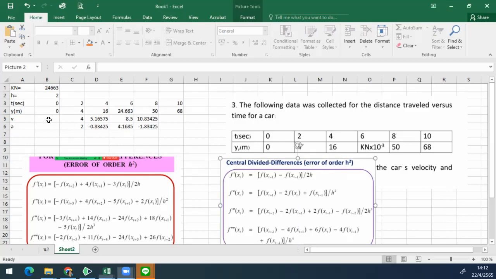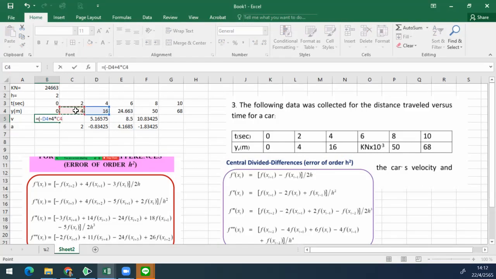So for forward difference, the first derivative is equal to minus f(x_{i+2}) plus 4 times f(x_{i+1}) minus 3 times f(x_i), divided by 2h.